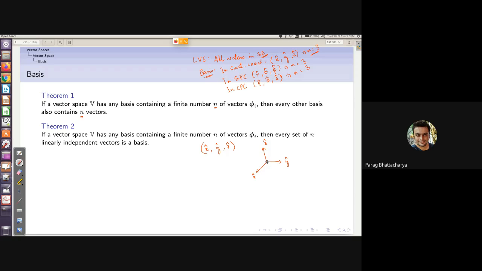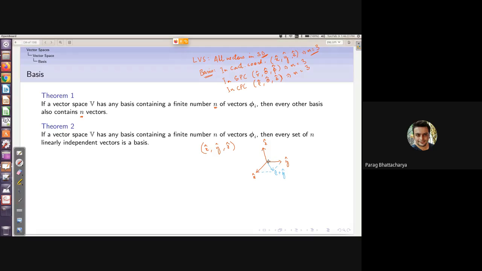But what about some other basis? Let's say I choose some other basis. Let's say I add x cap and y cap. This is going to give me this vector, x cap plus y cap.